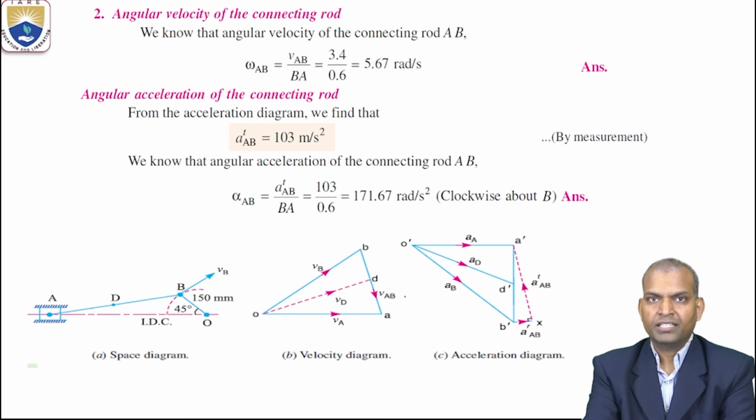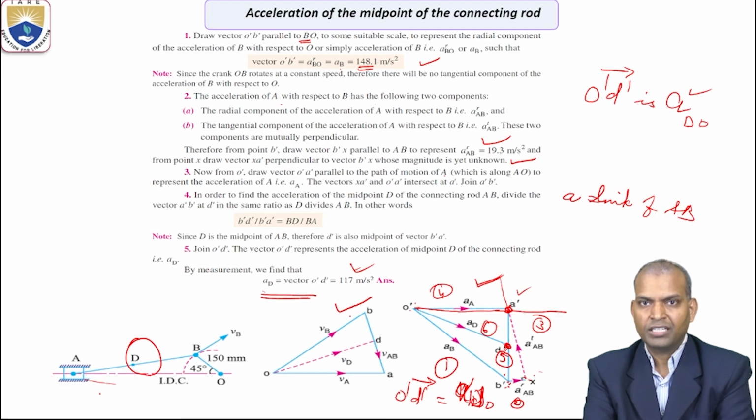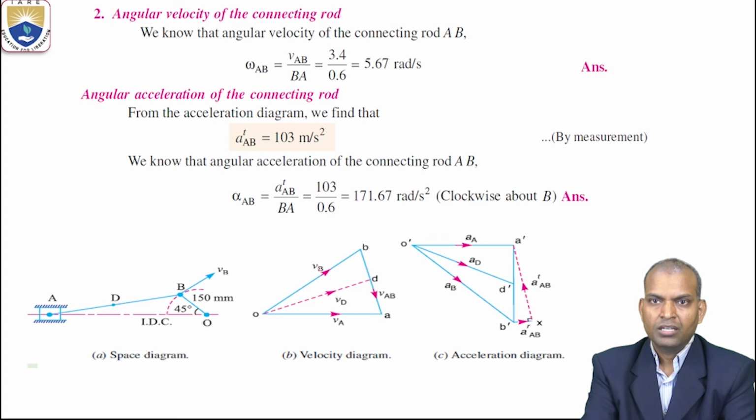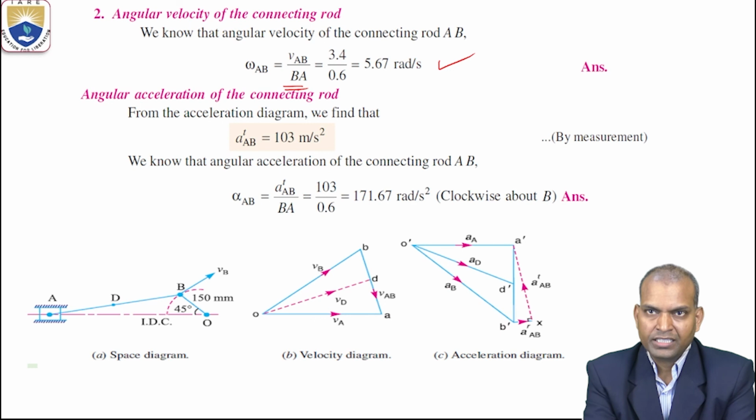Next, what do we need? That is the first objective, calculated here. The second objective is the angular velocity of the connecting rod AB. What is the angular velocity? Omega AB equal to VAB by BA. Substitute known values, that comes to 5.67 radians per second. Next, angular acceleration of the connecting rod.